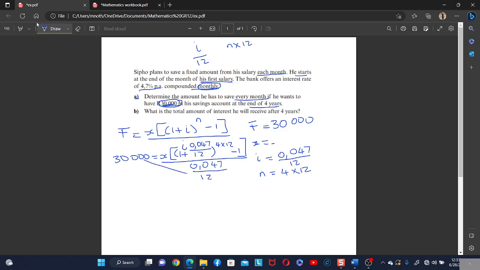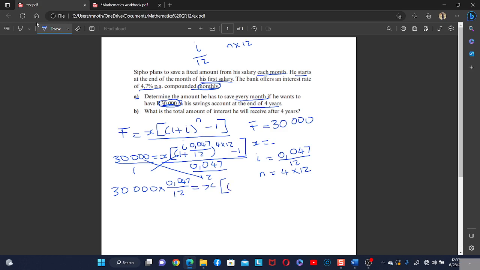So what you need to do right now is we just have to cross multiply. So this multiplied by this, so it's 30,000, because here obviously it's 1, so 1 times this, nothing is going to change. So 30,000 times 0.047 over 12 is equal to x.